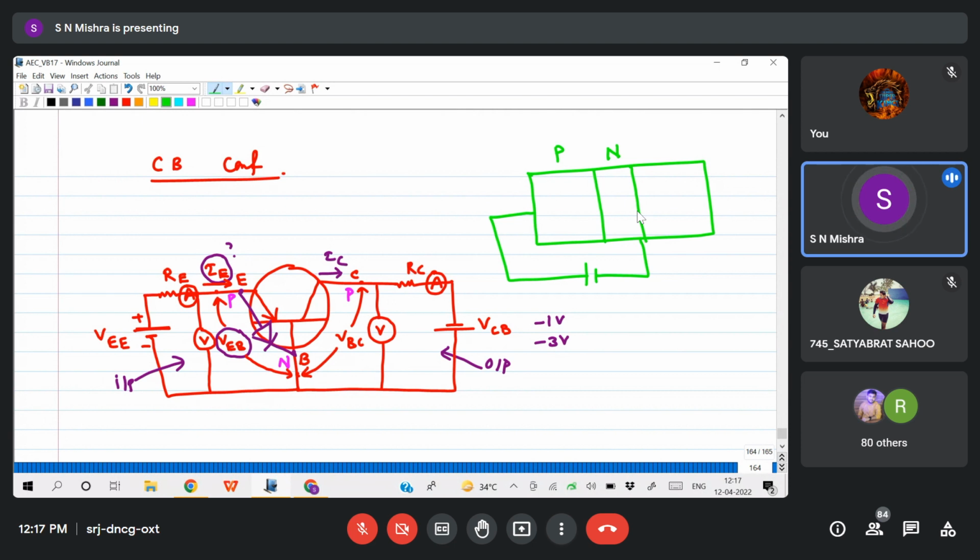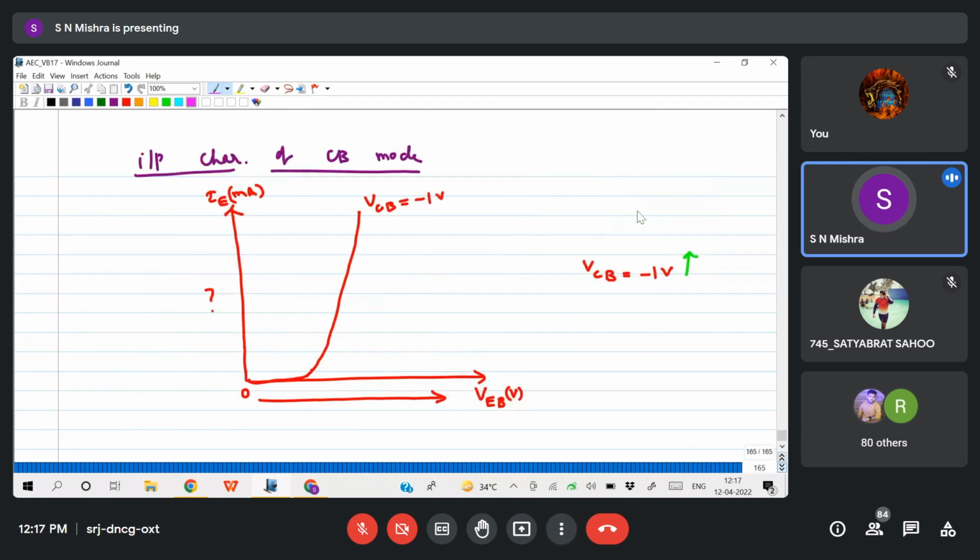So this is your PN junction diode. This is your emitter, this is your base. This junction is forward biased, meaning current is flowing from here to here. So there is an exponential increase. This is the diagram we have plotted.